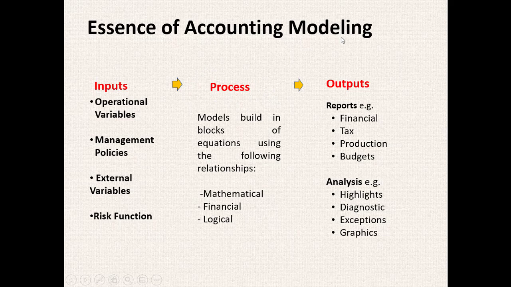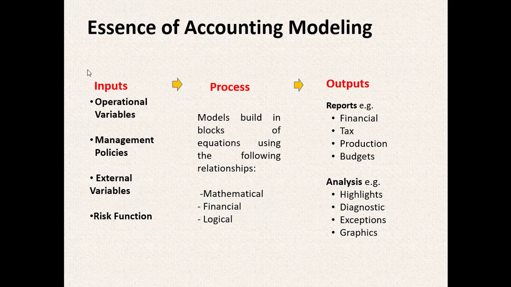So accounting modeling is basically the programming of a particular accounting function, right? There can be different accounting functions, so we may be programming that. When you're programming that, you need to have three important components. In any model, these three components are there. What is that? Inputs have to be there. For a model, you need to identify the inputs more prominently.